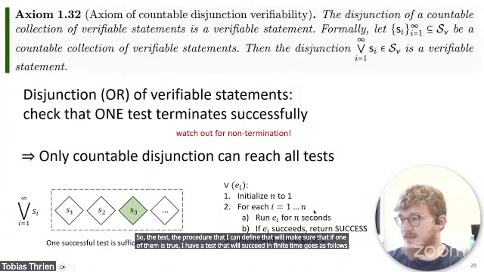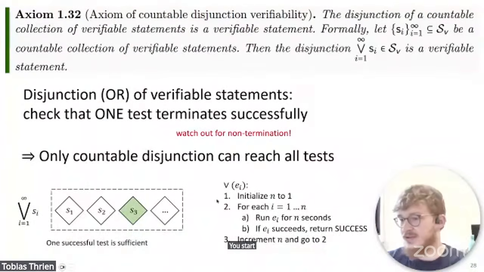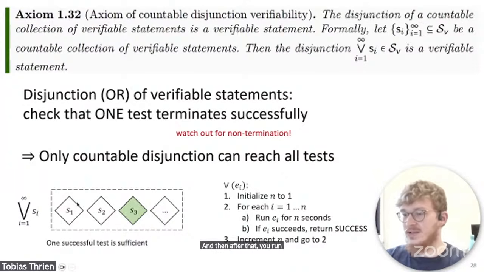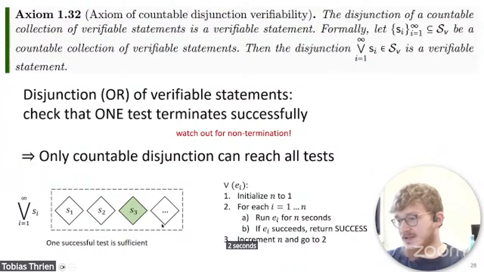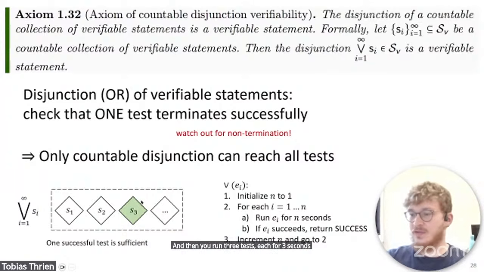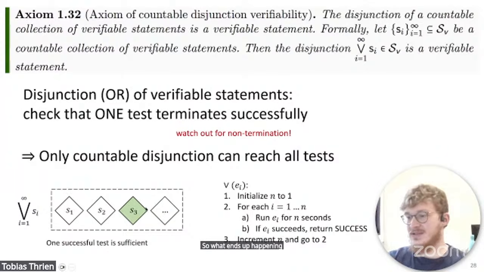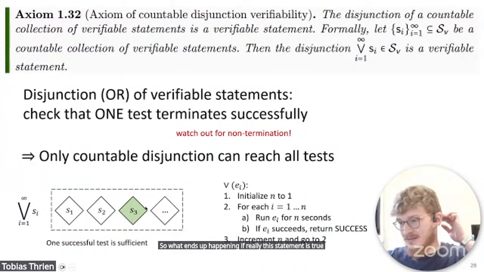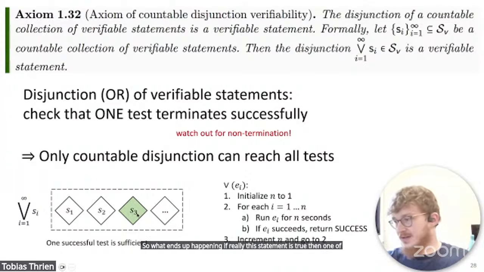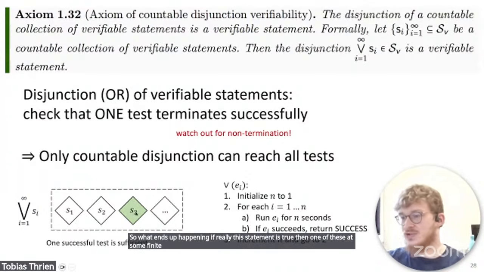You start by first running just one test, let's say for 1 second. And then after that, you run two tests, each for 2 seconds. And then you run three tests, each for 3 seconds, and so on and so forth. So what ends up happening, if really this statement is true, then one of these at some finite n will be true.